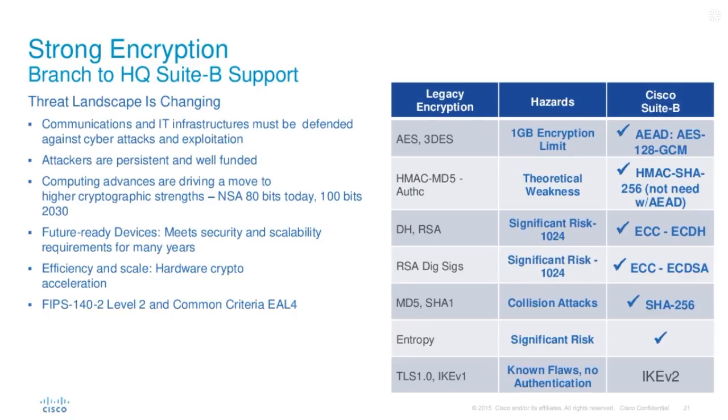So instead of having those as two functions, AEAD combines them into one, and that runs very well on modern hardware in particular, so it's a good one to target. On the key sizes, there's been a movement from RSA and Diffie-Hellman over to elliptic curve cryptography, or ECC, that's been going on for quite some time.